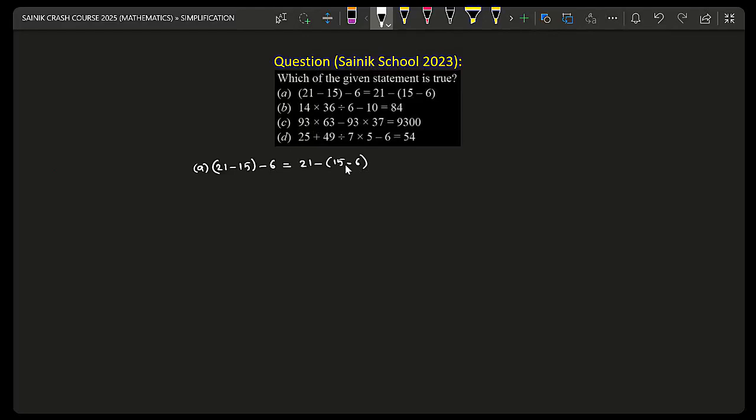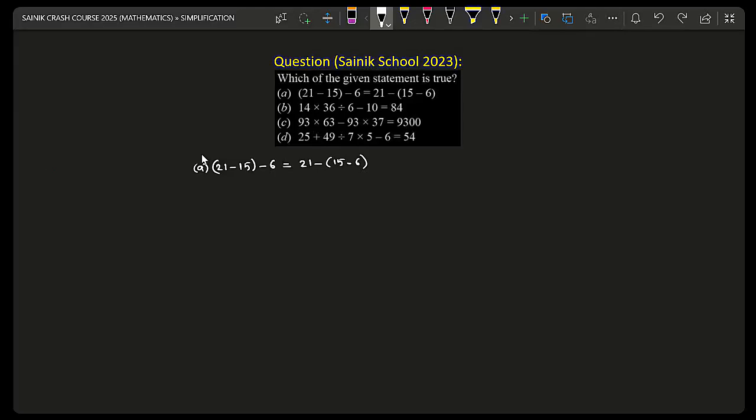Now let us solve LHS and RHS separately. I want to simplify the LHS. Can we use this pencil and eraser method to erase and write? Yes, sir. So what should be done first? Use VBODMAS. Is there any vinculum? No. Is there any bracket? Yes. So first we have to deal with the bracket.